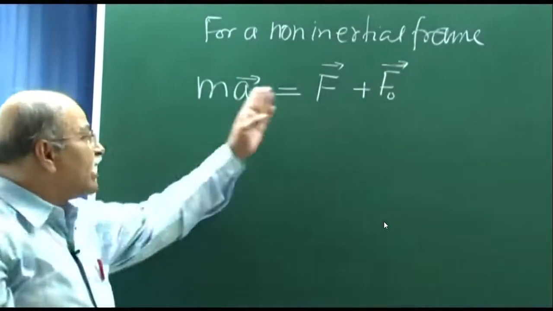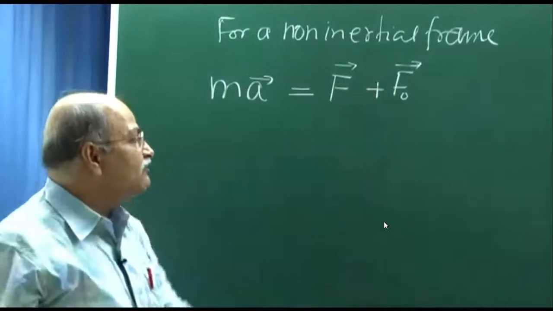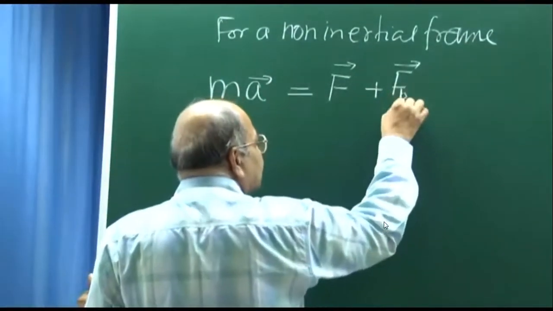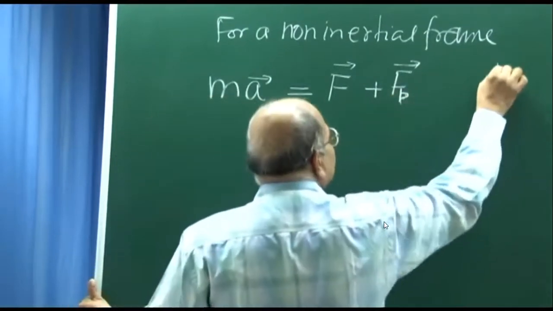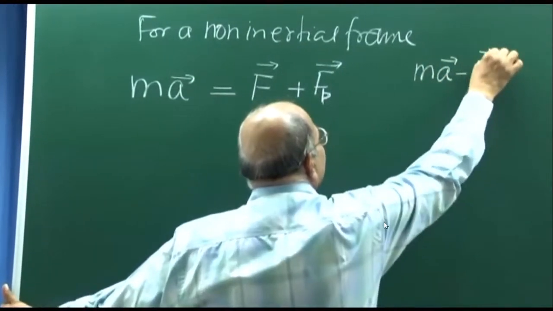This ma minus F, which is not 0, call that F, or rather let me write it F_p. P is for pseudo. So, mass times acceleration is not equal to the total forces applied.